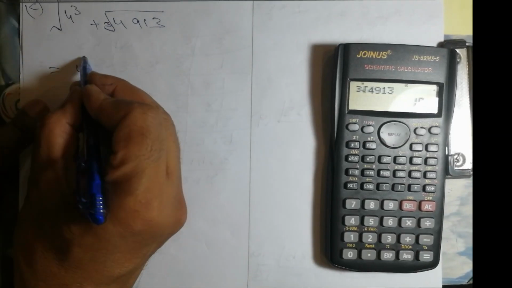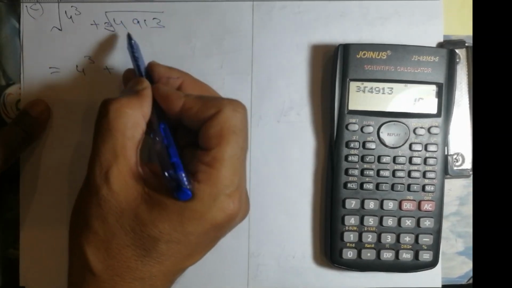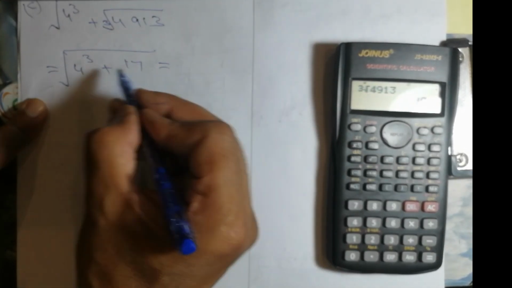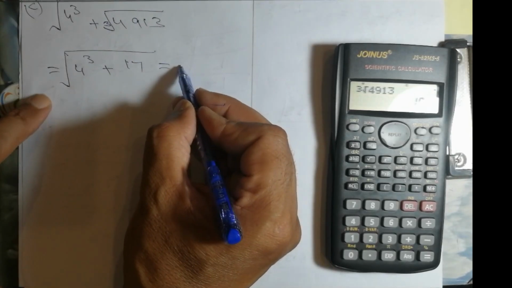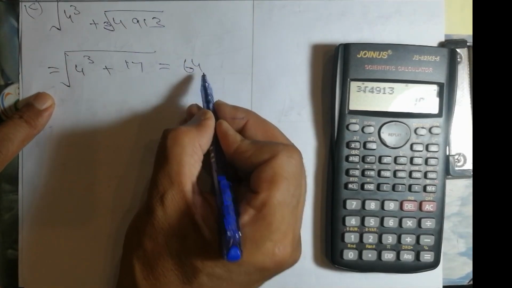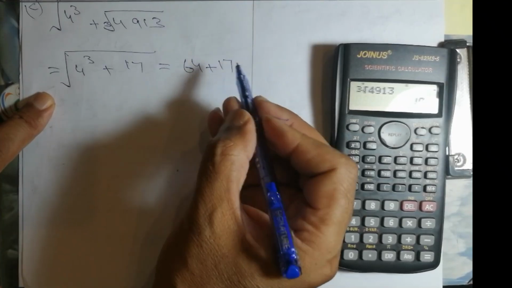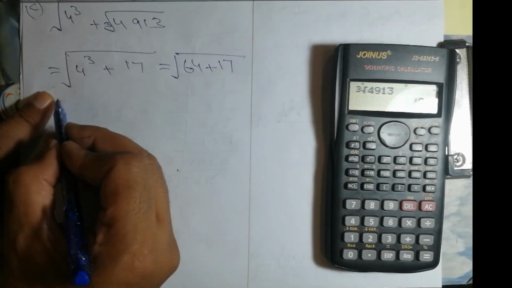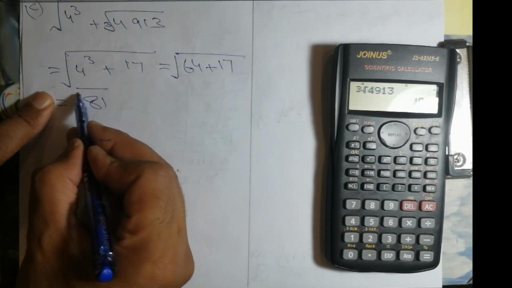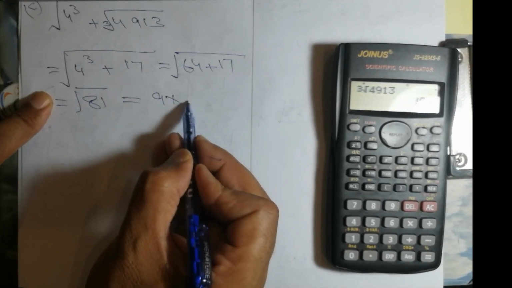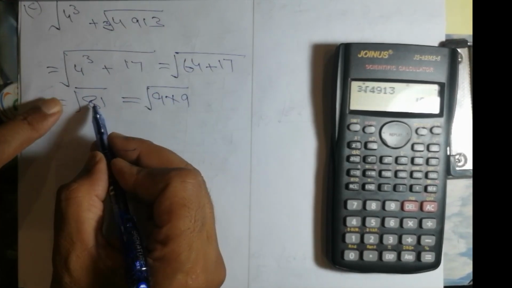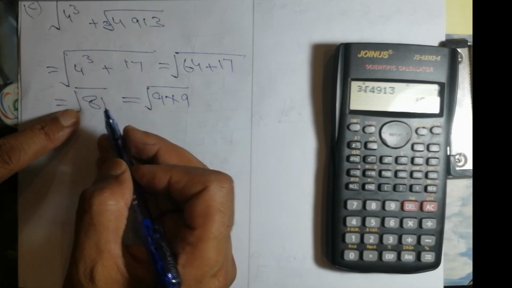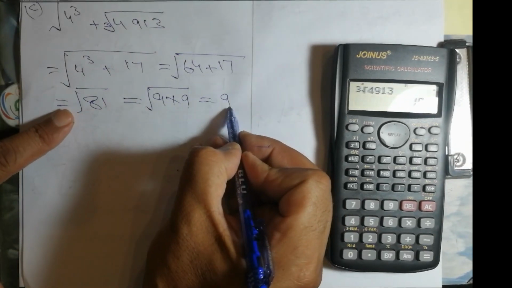So 4 cube plus 17, and then square root. 4 raised to power 3 is 4 into 4 into 4, that is 64, plus 17. So 64 plus 17 is equal to 81, and 81 is 9 into 9, or 9 square, and then the square will be cancelled with the square root. So 9 is the answer.